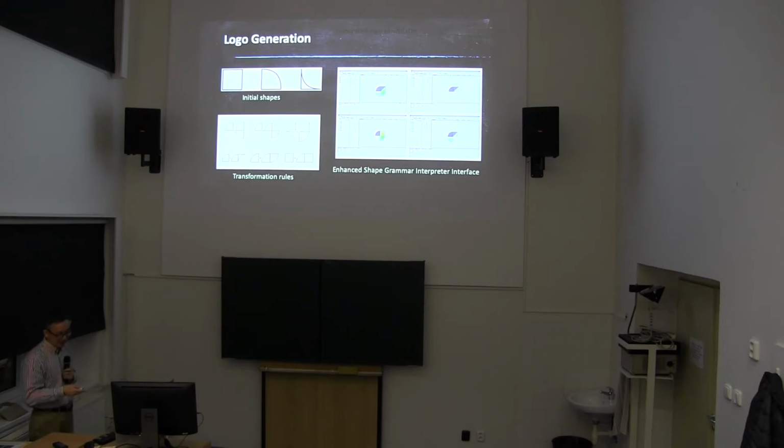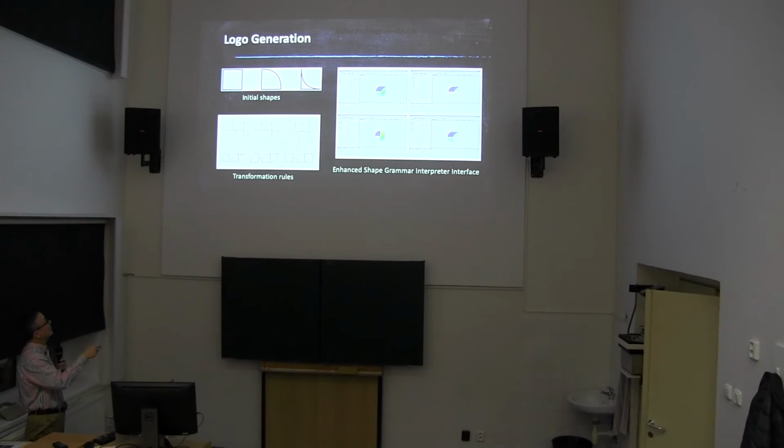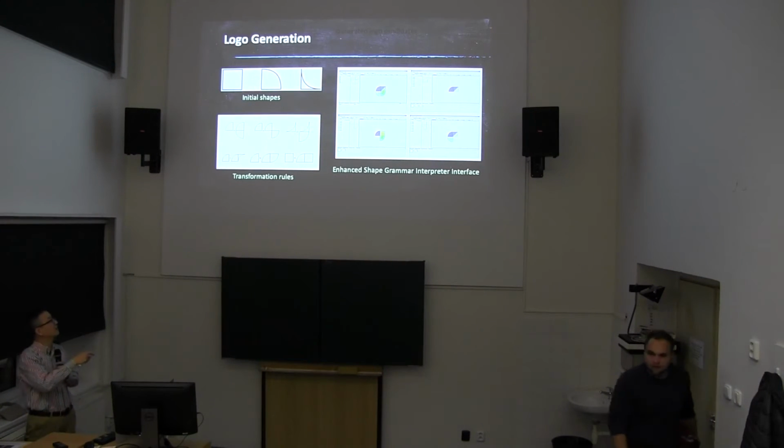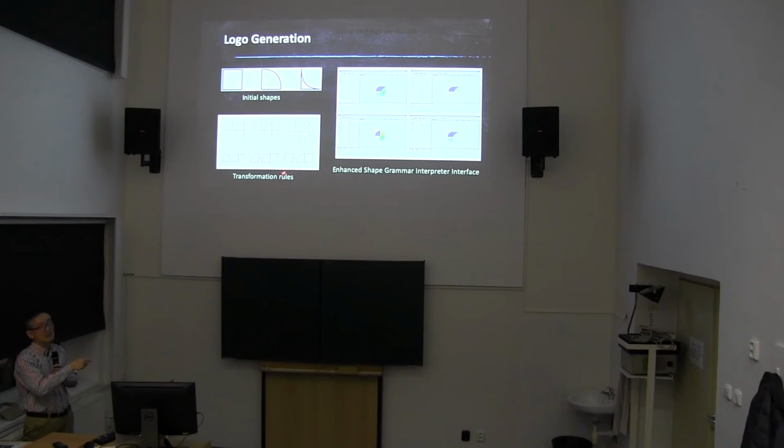This is just our previous work using shape grammars to generate logo designs. This is a very simple example. Suppose we have initial shapes like quarter circles, and we have all sorts of combinations. These are the rules, assuming.